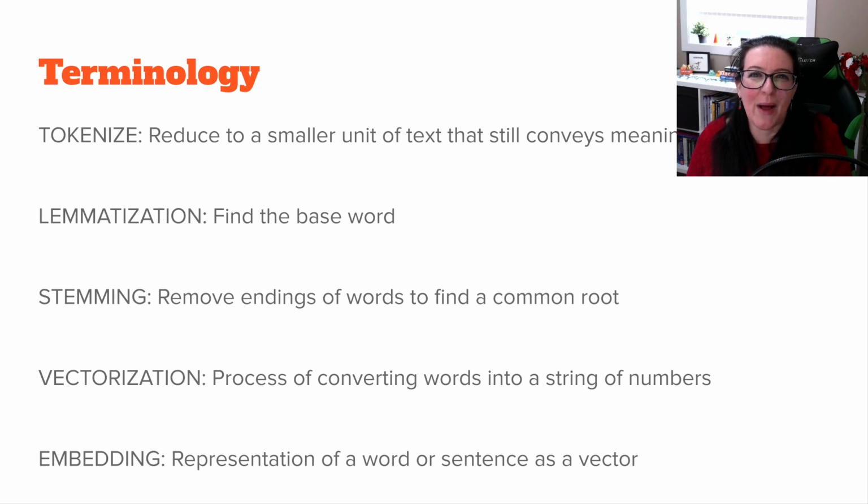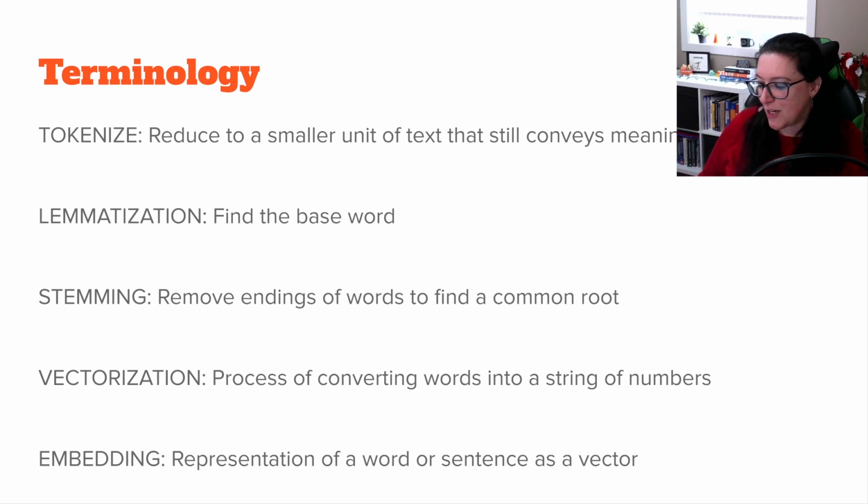So we're able to analyze text by tokenizing it, so smaller units, and then vectorizing it, turning it into strings of numbers. And what we're doing is embedding. This is representing a word or a sentence as a vector. So embedding and vectorization are the same thing. You can use those words interchangeably. We're creating vectors through the process of embedding or vectorization.